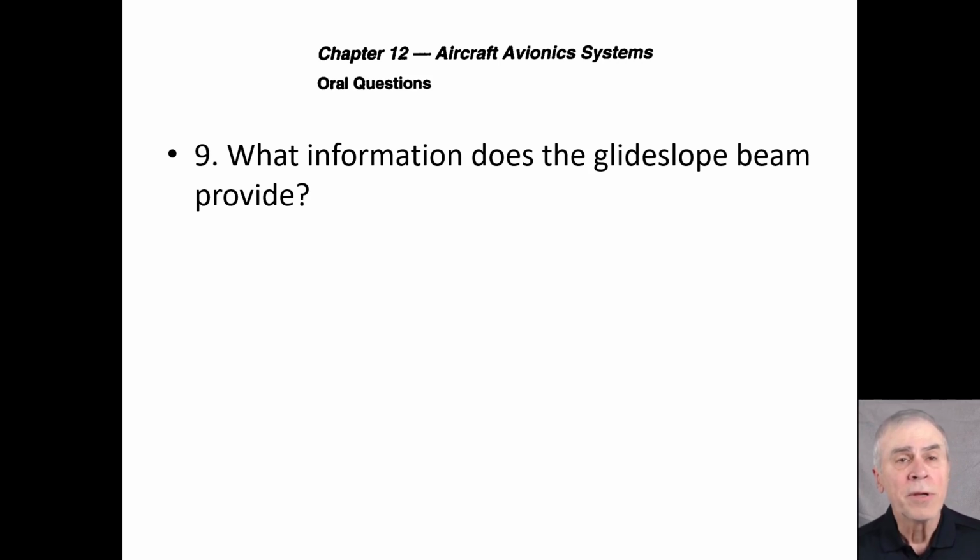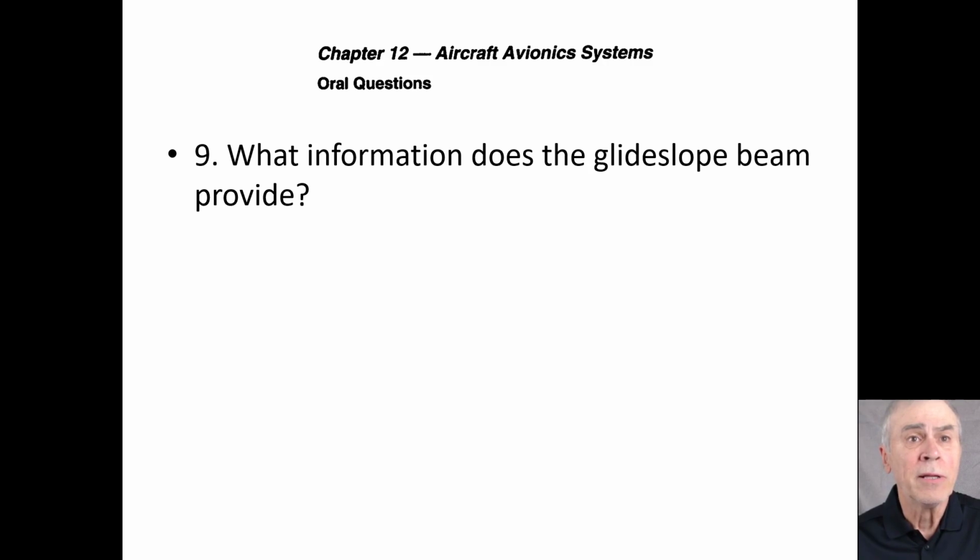This one here, though, because I've reviewed this quite a few times, asks, as opposed to angle of descent information, I believe the correct verbiage that they're looking for is it provides vertical course assistance or information.